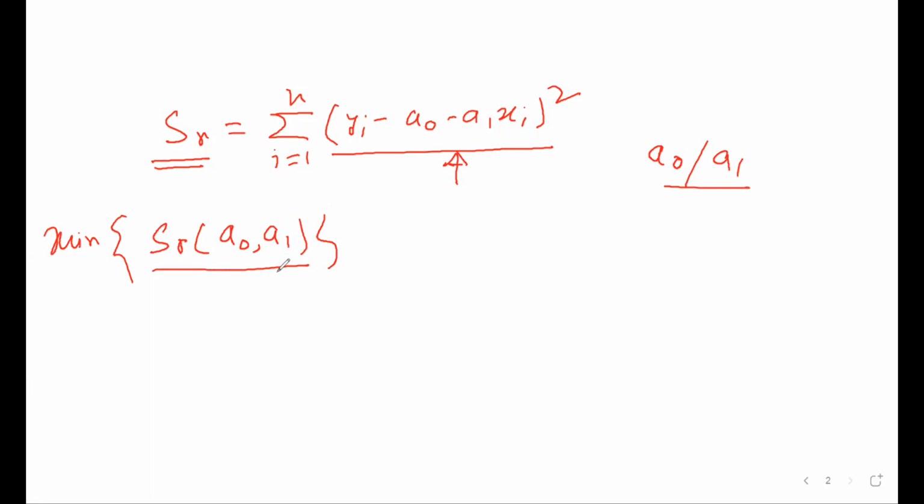So how did we usually minimize it? You know that when a function is at a minimum or maximum, the slope of the function at that point would be flat, isn't it? For example, if we keep one variable constant and plot S_r against the other variable, then at this point you see that your curve is flat.